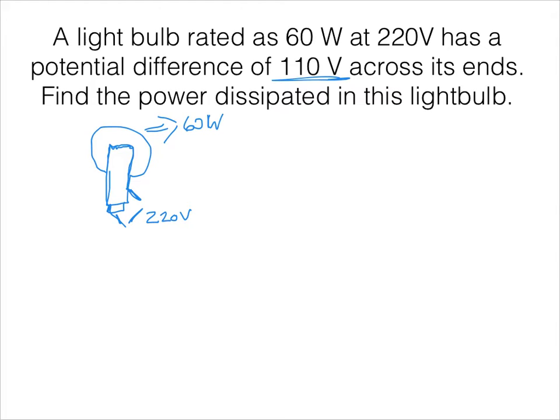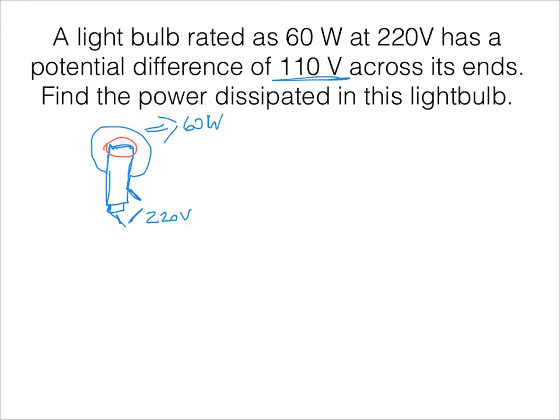If the potential difference changes, then the current's going to change. The one thing that's not going to change is something that depends on the physicalness of your system here, which is the light bulb, and that's the resistance. The resistance of your filament, of your light bulb as a whole, is not going to change.